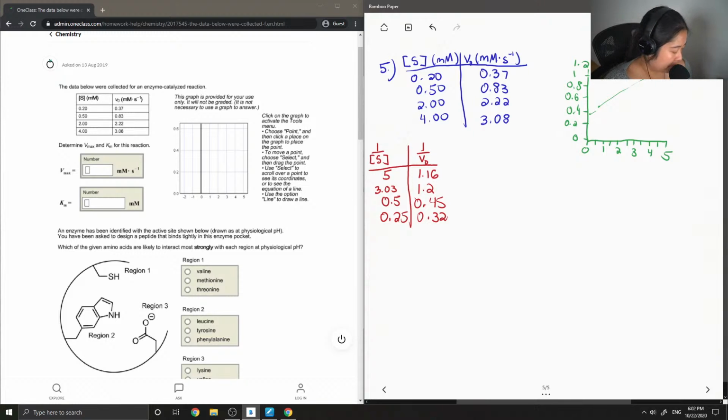And what we're most interested in is the equation of this line. If you were to use Excel or Sigma plot, you get an equation of this line, which is y equals 0.17x plus 0.3.